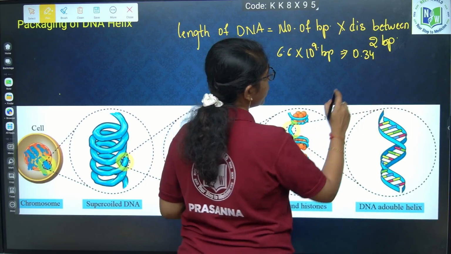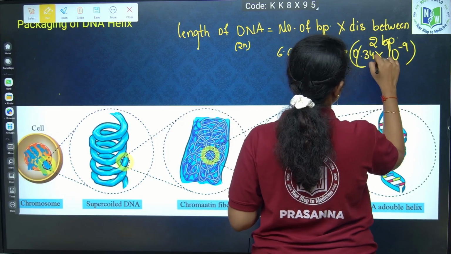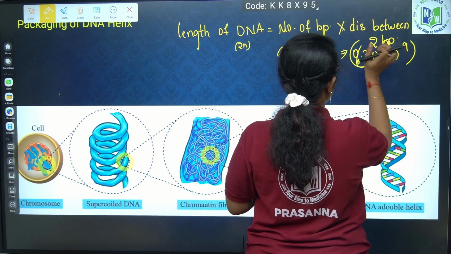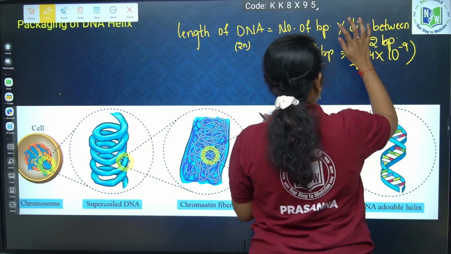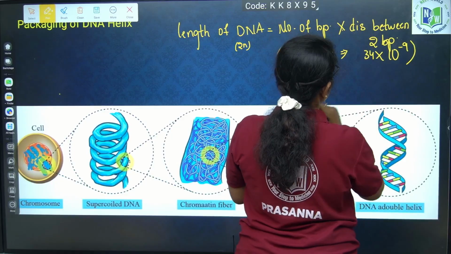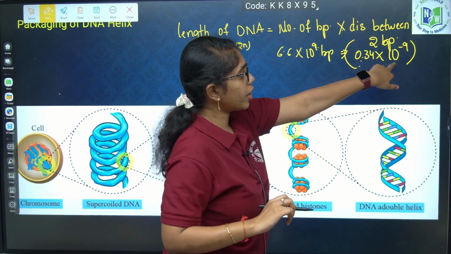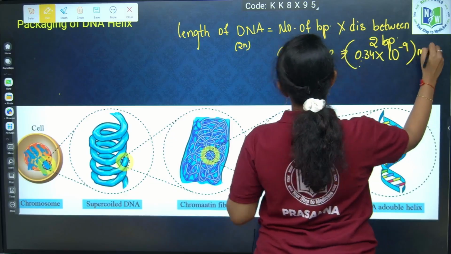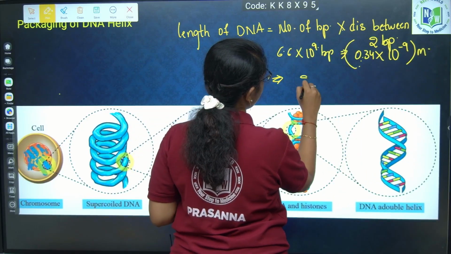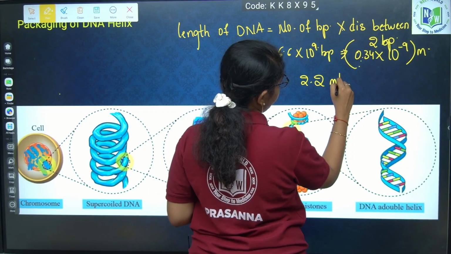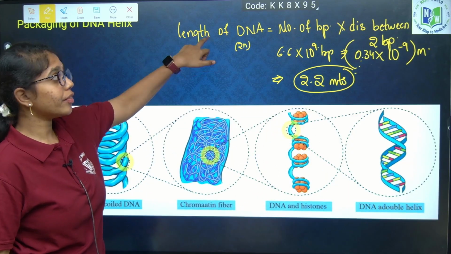If you convert it into meters, that is 0.34 into 10 to the power of minus 9 meters. Together, the complete length of human DNA is 2.2 meters. Okay, this is how you will calculate the length of DNA.